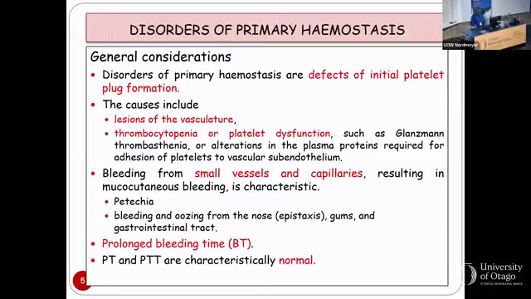Among the congenital ones, telangiectasia is one. Viruses sometimes can also cause vasculitis. You might have read about them in your pathology classes. So some people have viral vasculitis that can lead to vessel wall abnormalities because of the inflammation.